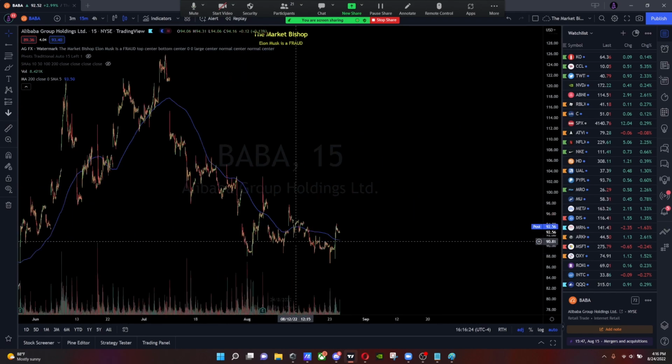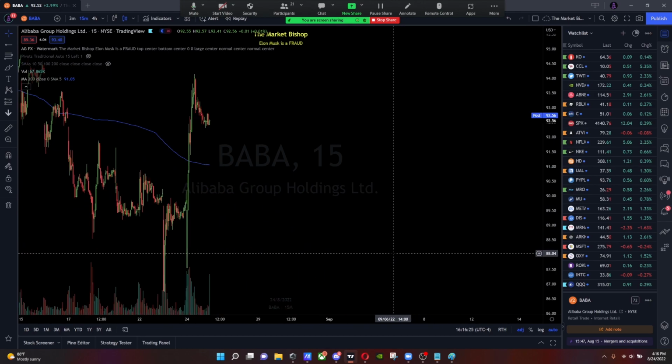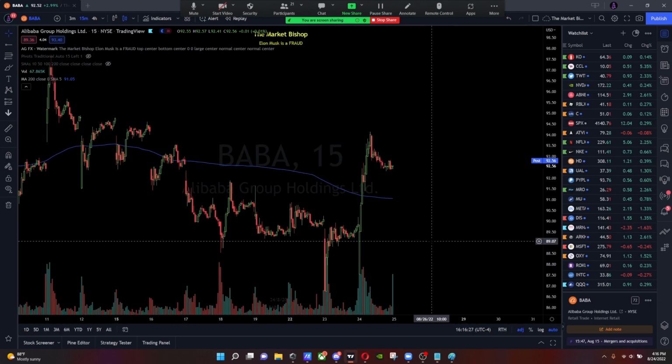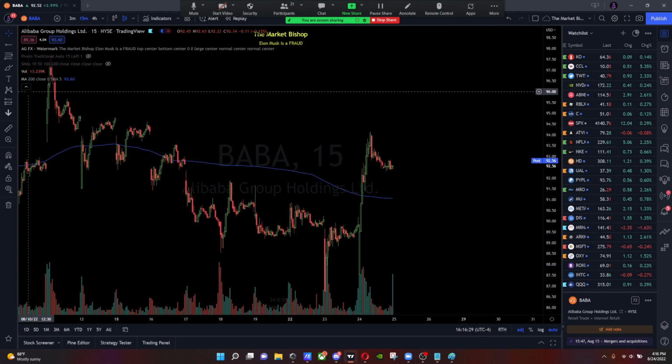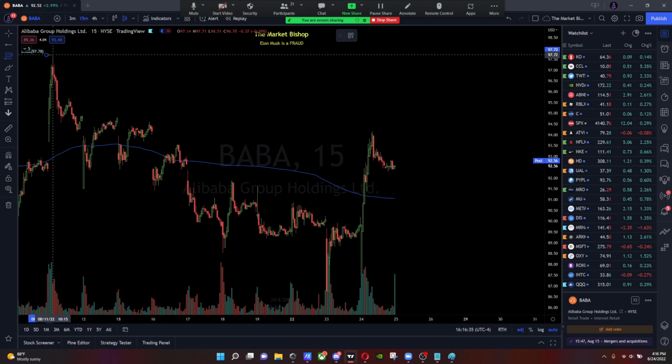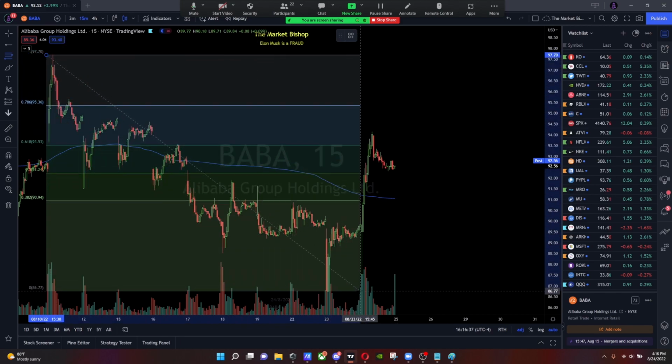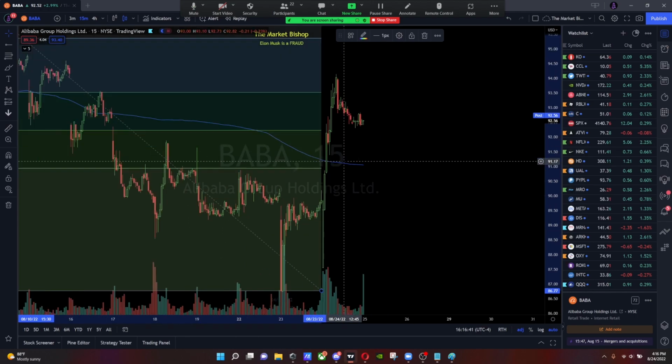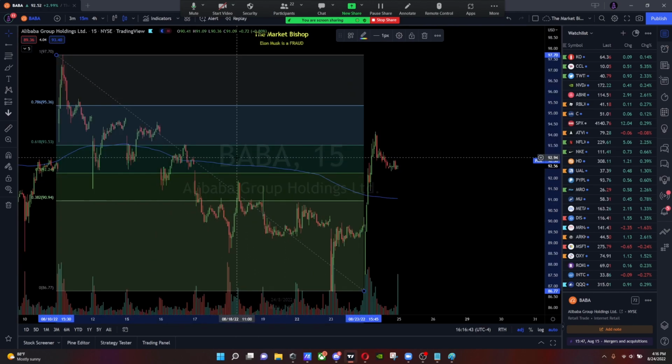Okay, let's say we're on the 15-minute chart. Let's say we took this swing high and we use this swing low. You can still use it. You have to use a shorter time frame, and as I said, it's just riskier. You could see that.